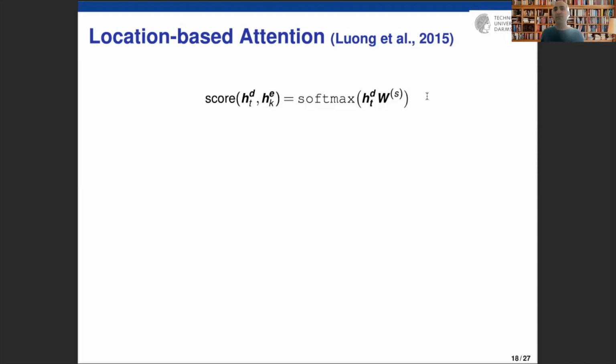And then we use softmax to map these numbers to some scores or weights, or maybe we don't need the softmax here. We only have these numbers because we defined it separately in former slides.